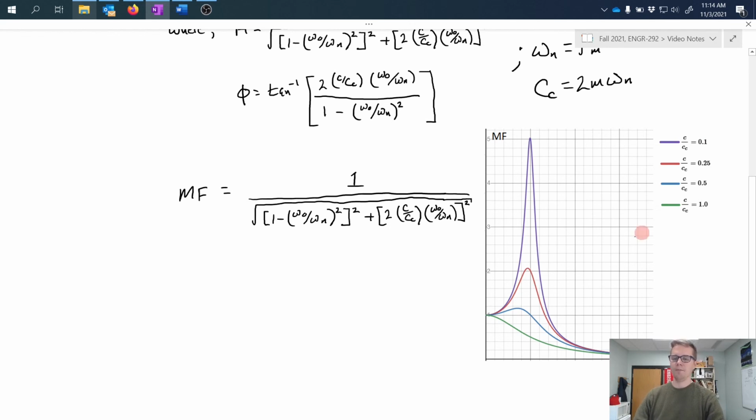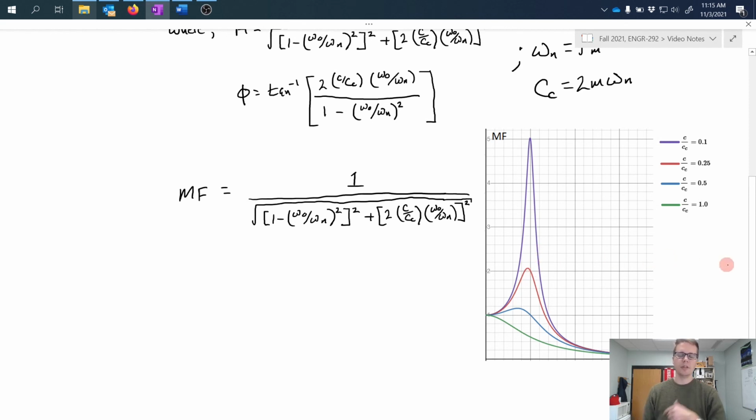And what we see is that as the damping coefficient approaches the critical damping coefficient, where the ratio is equal to 1, so the green line here, we don't really get any magnification at all. Which is kind of what we would expect, in that it's critically damped, which means it's not going to oscillate. However, as that ratio gets smaller, we start seeing again that high magnification on the amplitude of our output.